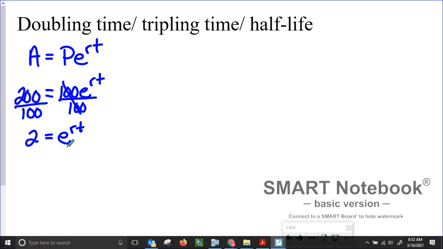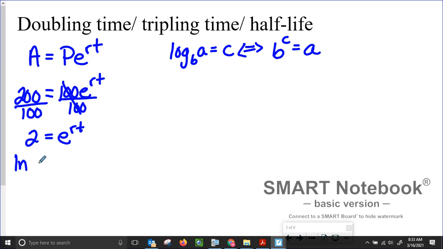Well, this is in exponential form. So remember, we have our definition of logarithm that says log base b of a is equal to c if and only if b to the c is equal to a. So this obviously looks like this. I can rewrite this as log base e of 2.